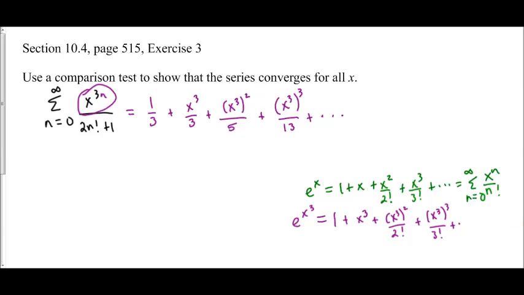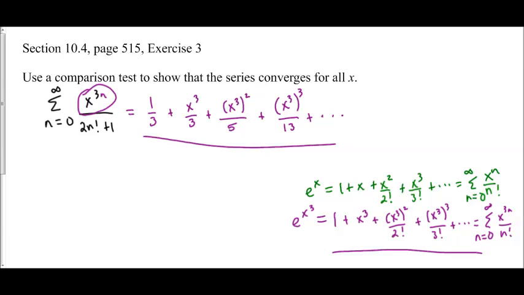And that series, of course, continues. And I can write it as the sum from n equals 0 to infinity of x to the 3n over n factorial.